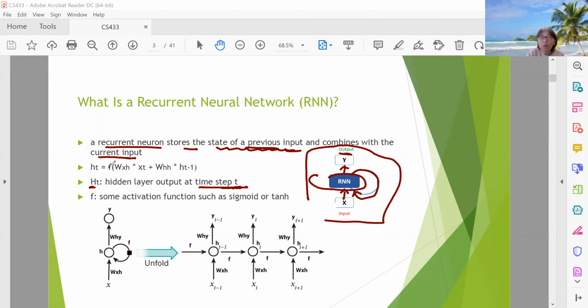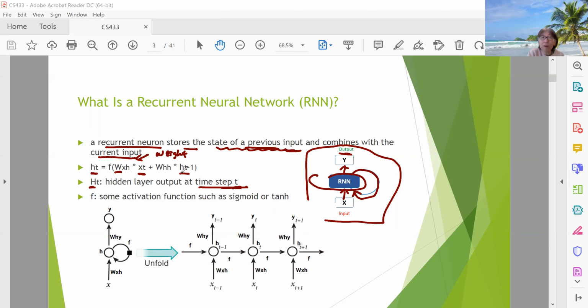For the neural network, the hidden layer's output we can express as follows. There is the current time stamp's input, and this W is the weight regarding your input to the hidden layer's neuron.